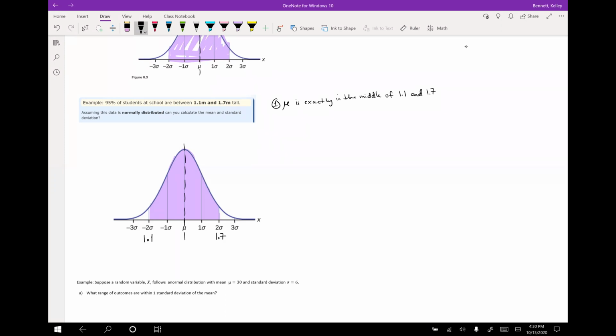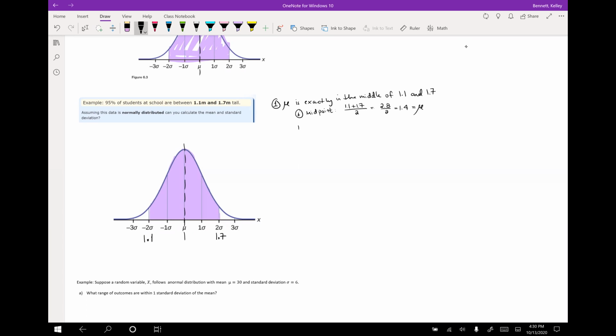There are 2 things I can do. One, I can find the midpoint. I think I'll call this A. The midpoint is going to be 1.1 plus 1.7 over 2, which is 2.8 over 2, which is 1.4. And so this is the mean.